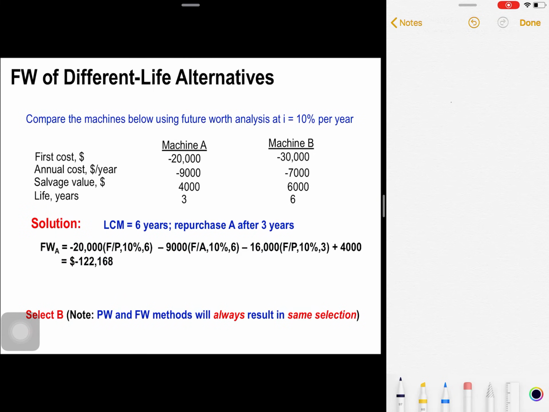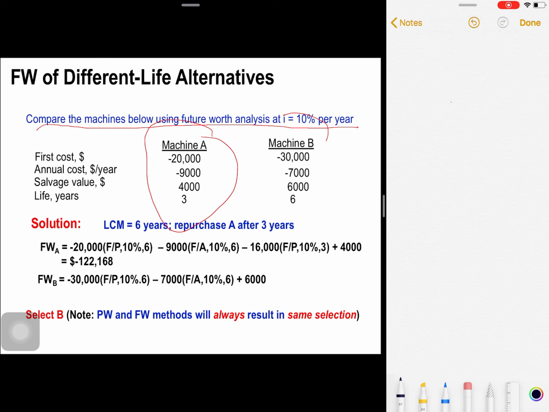Here we go. So when we have these kind of problems, when we want to compare machines using future worth analysis at i equals 10%, we have machine A and machine B. The solution is use LCM 6 years, repurchase A after 3 years.